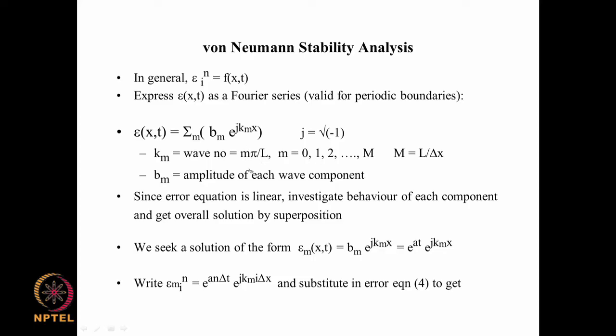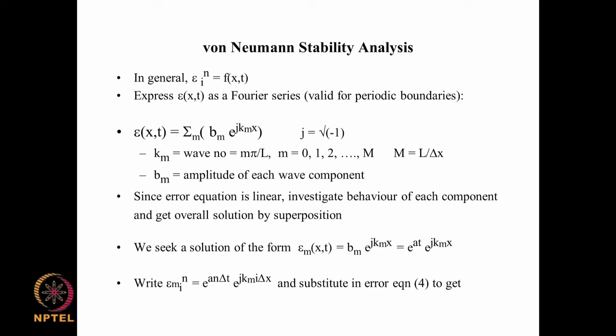The number of wave components which come into this Fourier decomposition is given by capital M, where capital M is the total domain length divided by delta x, which is the spacing. And for a domain bounded by periodic boundary conditions, we can expand the spatial distribution of error in terms of this finite number of wave components.